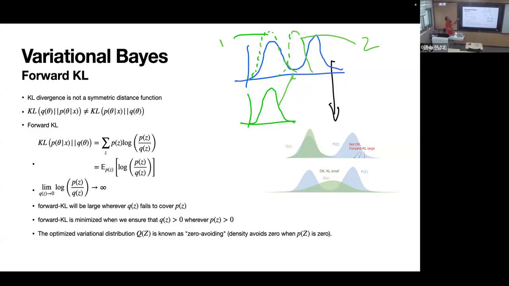Because if I select solution number 2, then I will position my green distribution on the area where I will not get any blue samples. I should not get any, because this area has low probability, and I'm going to say that the true result has high probability here. And that is why this solution, although wrong, is better than this one. It's more realistic.